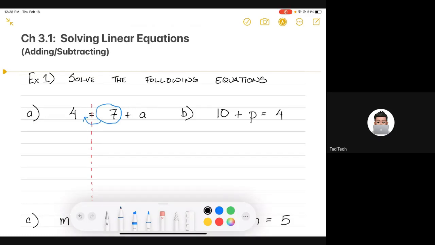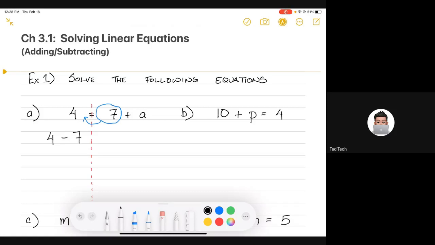When I do that, the number changes operations. You're always going to write down what's there first, so I'm going to write the 4 first. If there's nothing in front of a number, it's a positive. So right now it's a positive 7, but when I bring it over, it's going to become a negative 7.